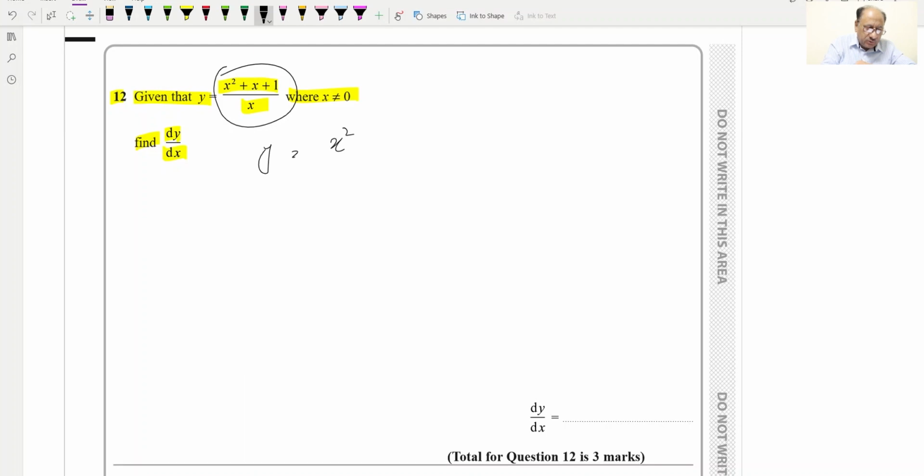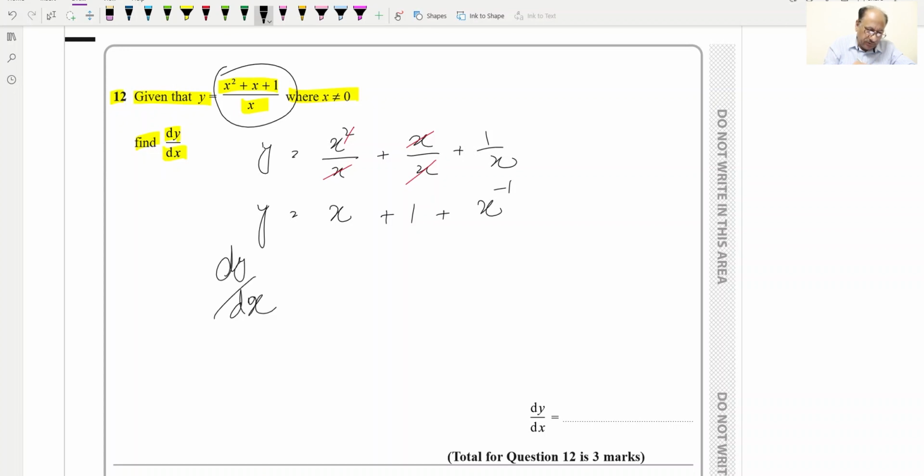So it will be x squared over x plus x over x plus 1 over x, and now we can cancel, and this equation will reduce to y is equal to x plus 1 plus x raised to the power minus 1, and now we will be taking differentiation.